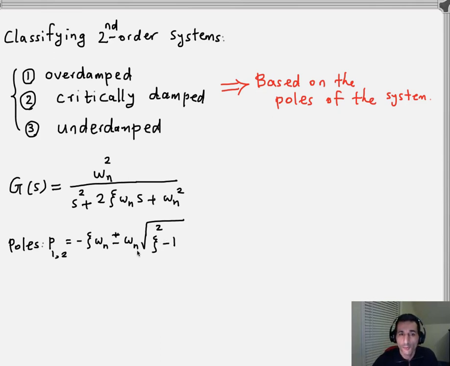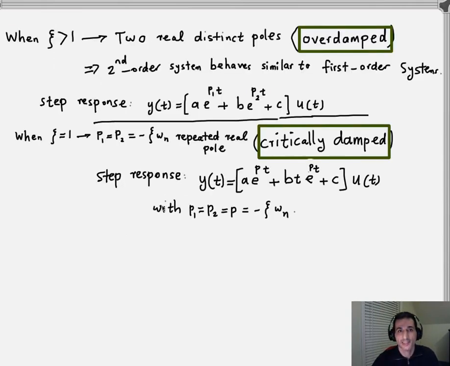When zeta is equal to 1, this term is going to be 0, so both my poles are going to be the same, just negative zeta omega n. When my zeta is less than 1, zeta squared minus 1 is going to be negative, and therefore I'm going to have two complex poles. And that's exactly what you see here.